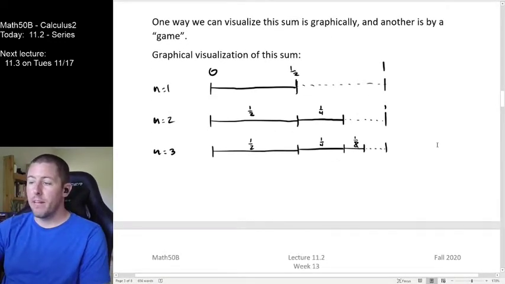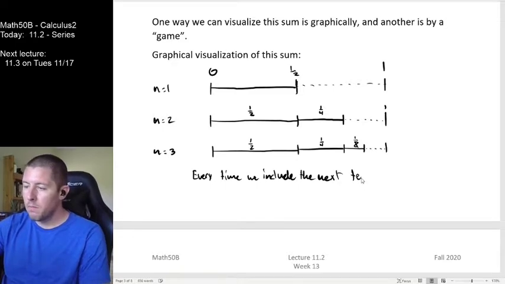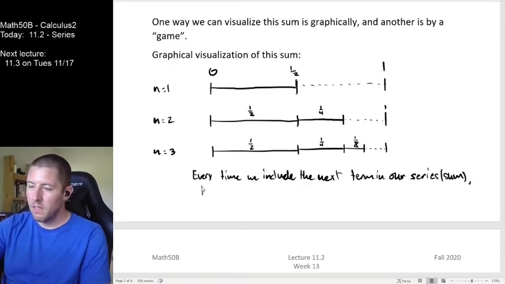And so I'm not going to draw any more lines here. I think we can see what's happening. Every time we include the next term in our series, which is our sum, it takes us half the rest of the way to 1.